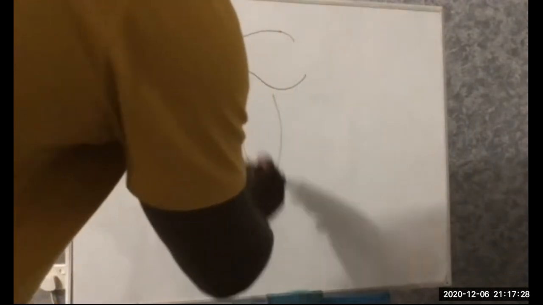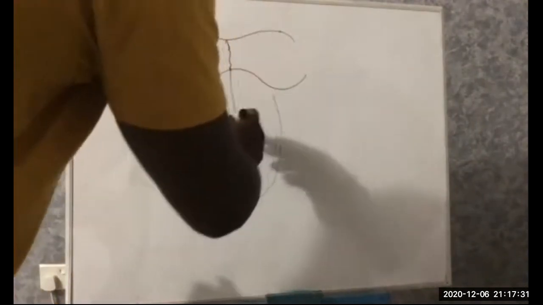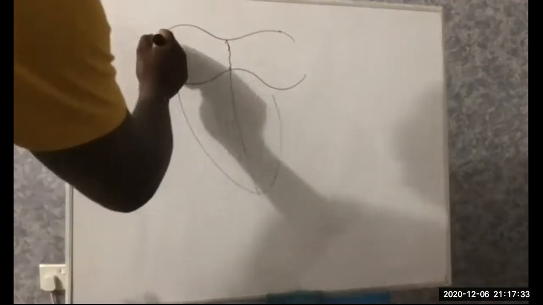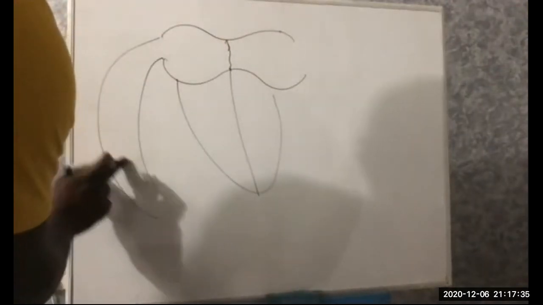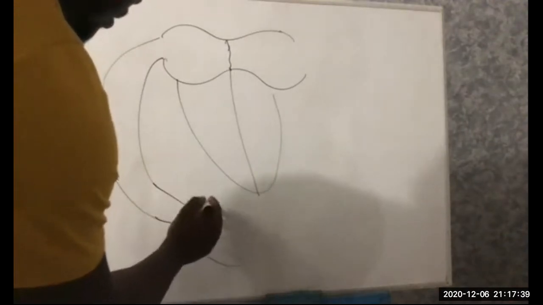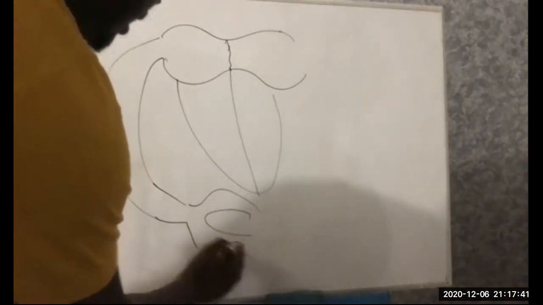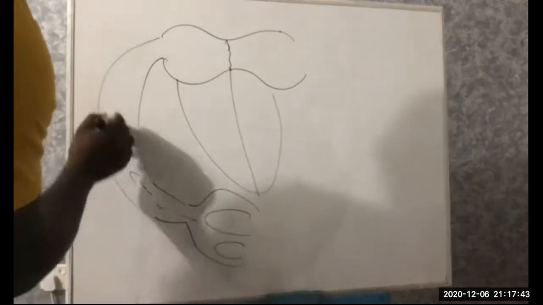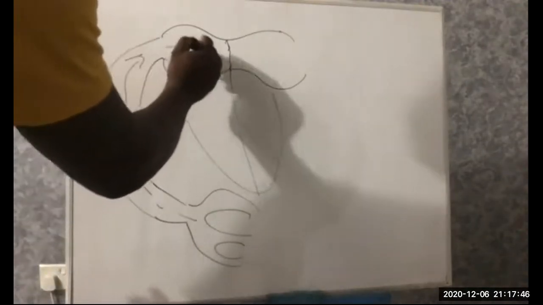So this is the heart, right? Ideally, the blood is coming from the veins, the vena cava, right? And the blood is coming this way, from this direction.